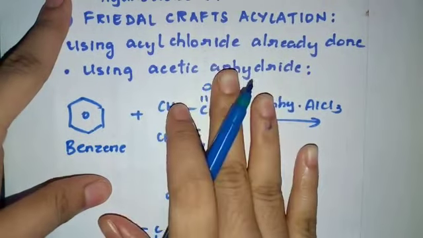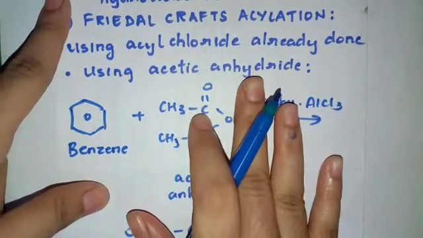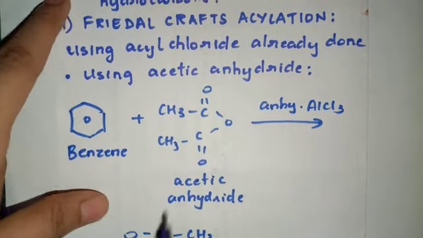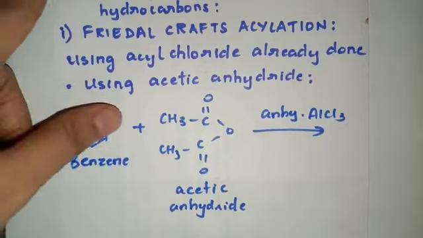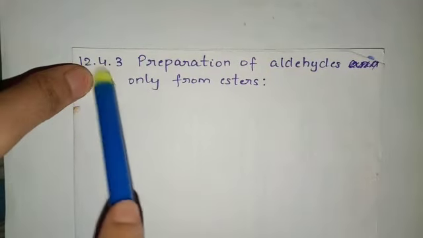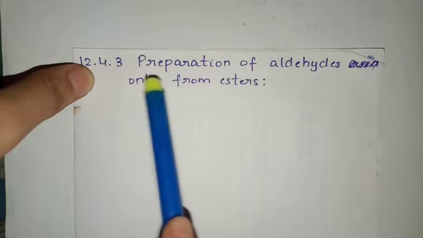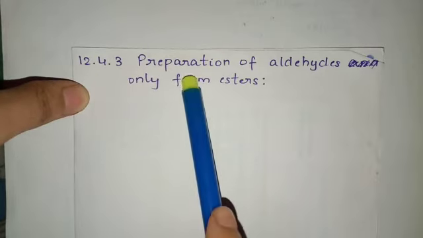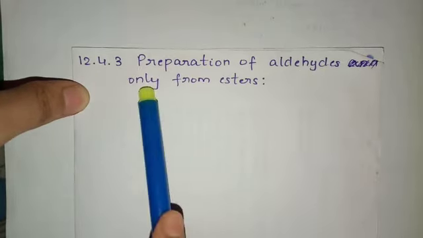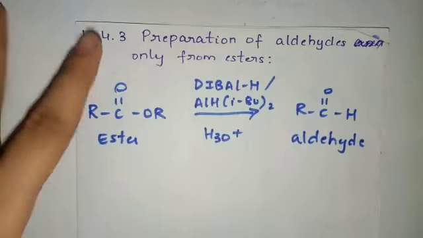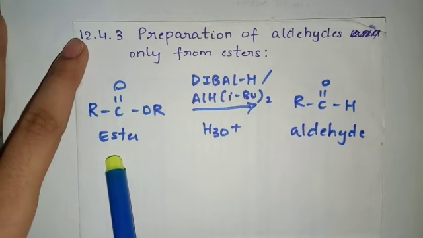Students, for the reactions involving aromatic compounds, you all have to practice the exact same reactions that I am explaining in the video. The next title, and the last one under preparation of aldehydes and ketones, is 12.4.3 of your textbook: preparation of aldehydes only from esters. Let's see the reaction. This is how aldehydes are obtained from ester.